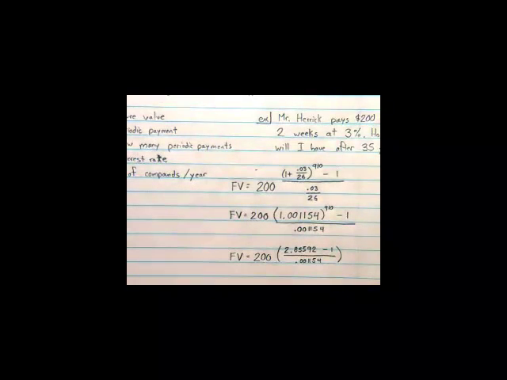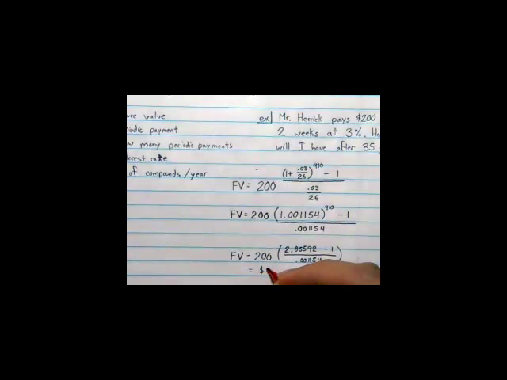All right, so that minus 1 divided by 0.001154 times 200. All right, so my future value of my annuity is $321,650.24.